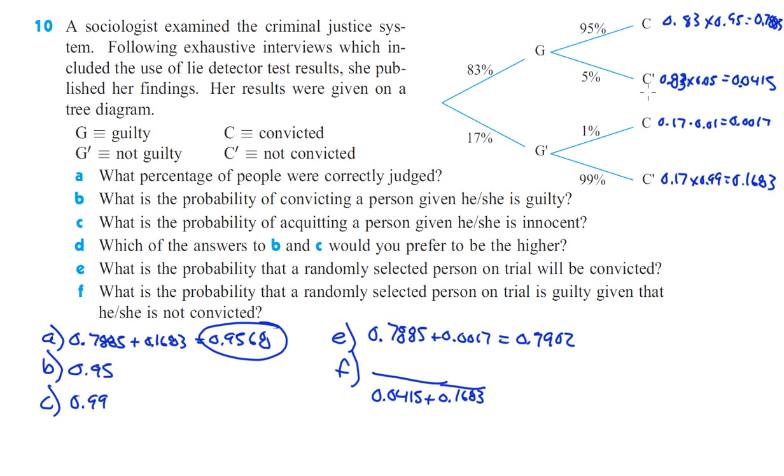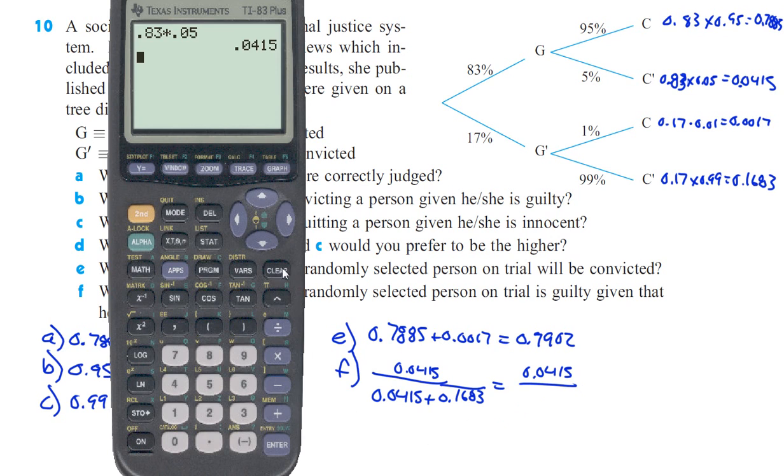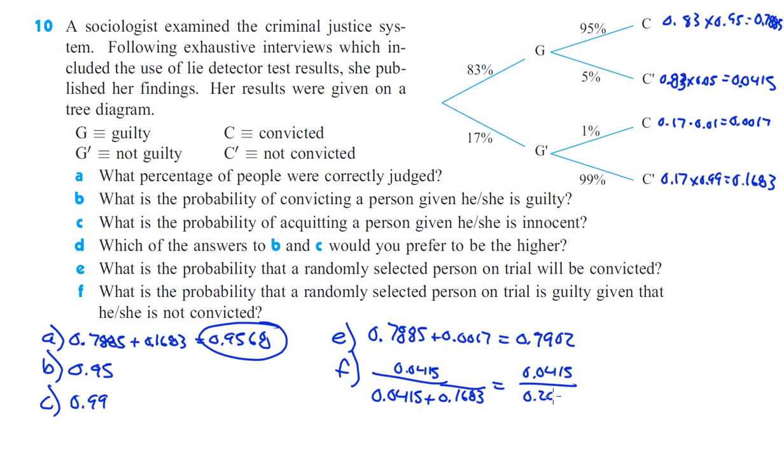So here's the guilty but not convicted, so that's the 0.0415. So we got to do 0.0415 divided by whatever this is added together. So we got 0.0415 plus 0.1683 gives us 0.2098.